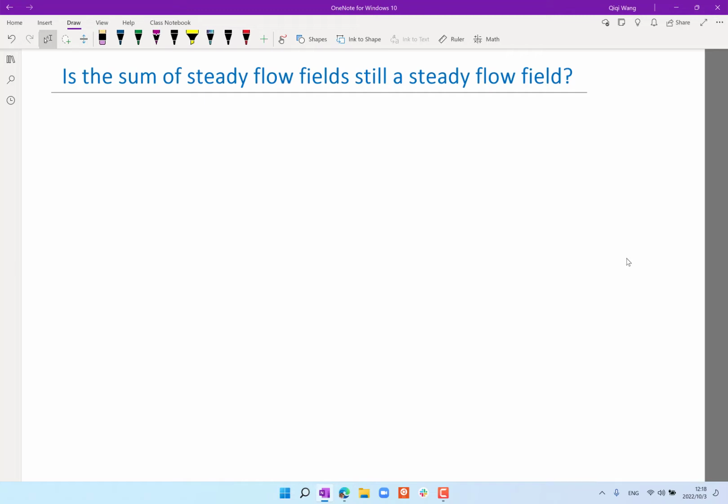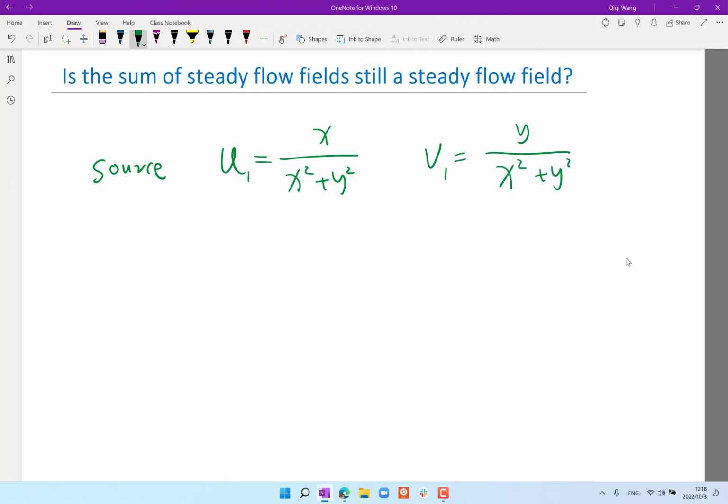So this is very similar to your spirit. One flow field is the source: U is equal to x over x squared plus y squared, and V is equal to y divided by x squared plus y squared.